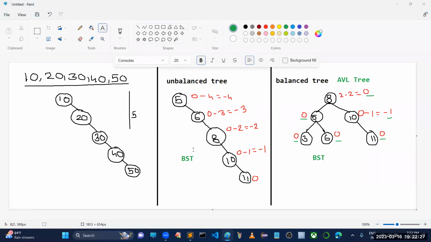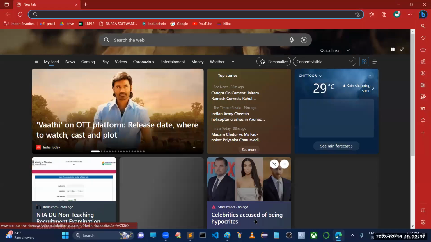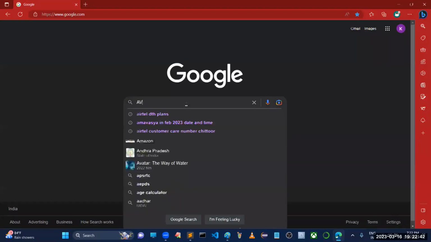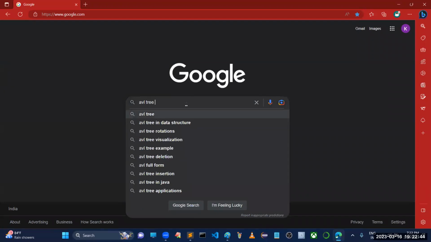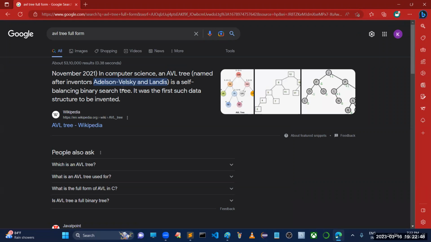Yes, Vishal, correct. AVL, the full form is, see, there are three persons who introduced these particular trees. So I think those names make up the AVL tree. Beyond that, nothing. The AVL tree full form: Adelson, Velsky, and Landis.